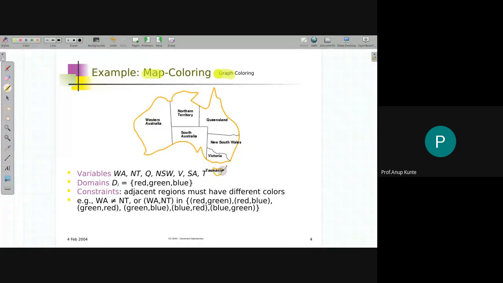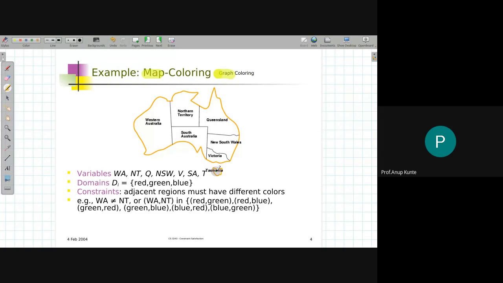You see in front of you a map of Australia divided into its territorial regions. There are 1, 2, 3, 4, 5, 6, 7, 8 regions, including Tasmania, which is away from the mainland. The problem is that when I'm coloring this map, I have a fixed palette.